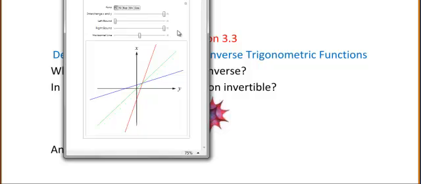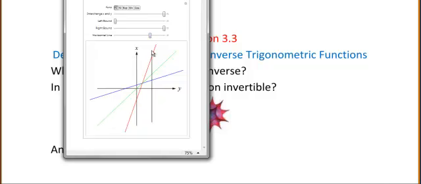Notice this line is a function, the inverse relationship. After switching x and y, the red is the original, and the blue one is the inverse relationship, and this is a function because it passes the vertical line test. Any vertical line will hit it in at most one place.